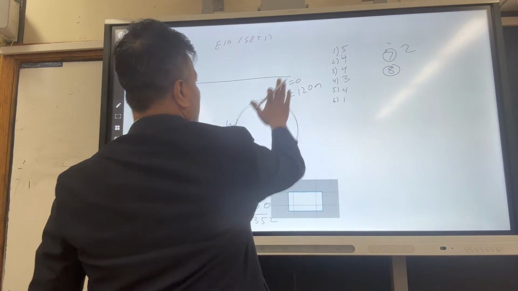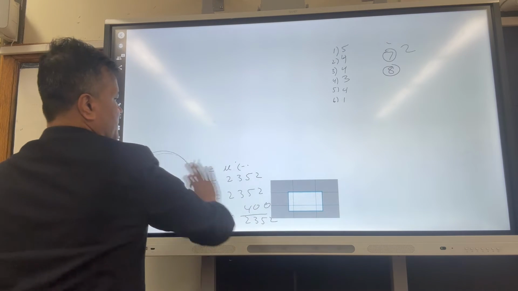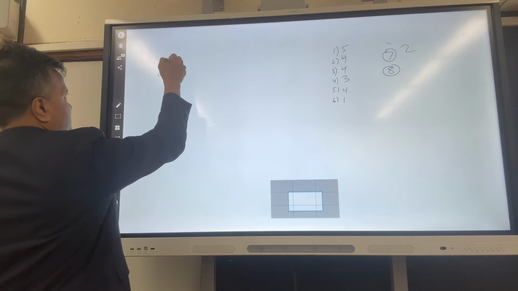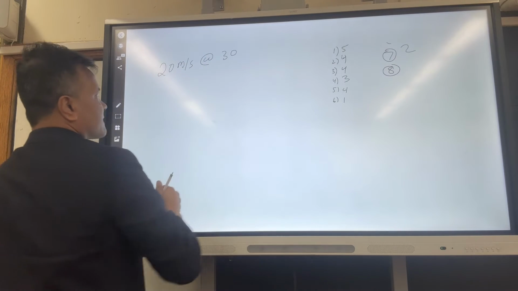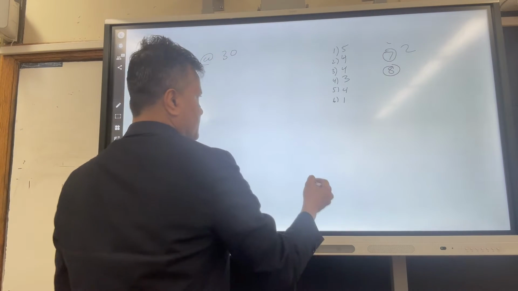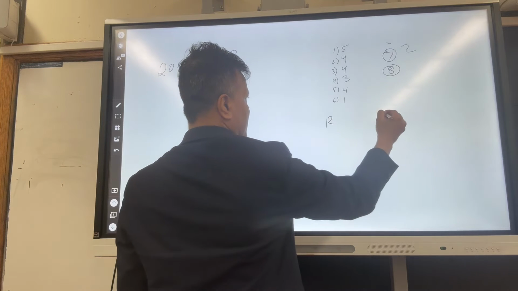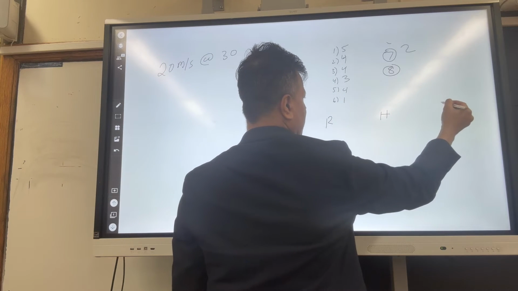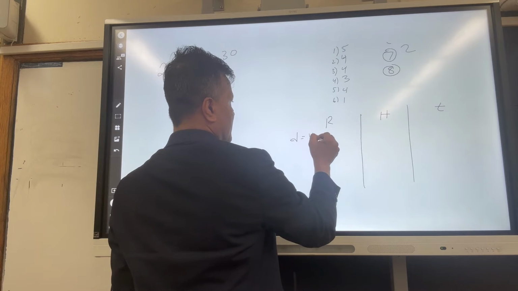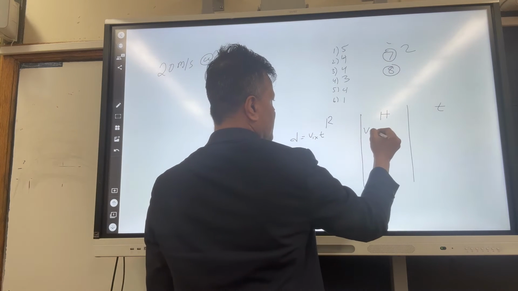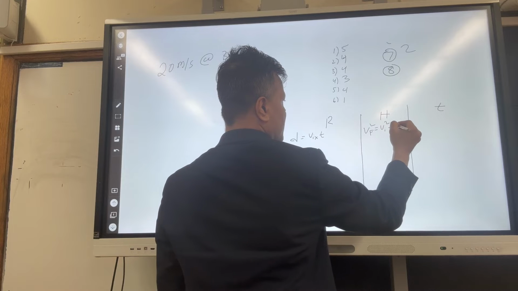Now problem number 8. I give you 20 meters per second at a 30-degree angle. What I ask you to find is the range, the height, and the time. The range is d equal to v_ix times t, and the height is vf squared equal to vi squared plus 2ad.